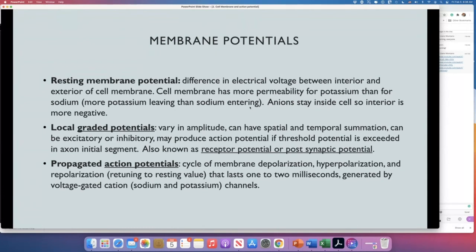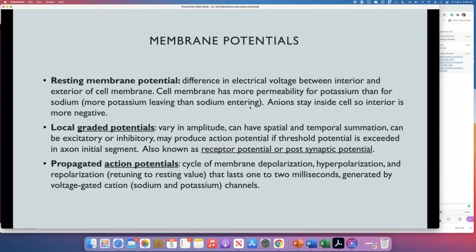That is the basis for the generation of the resting membrane potential, and that's why it's always negative, let's say minus 50 millivolts, minus 60, minus 70, minus 90 millivolts, depending on what type of cells we are talking about.